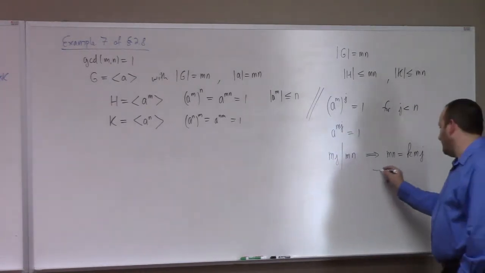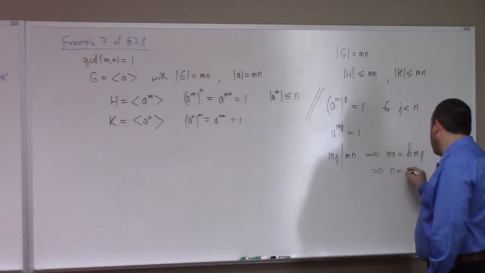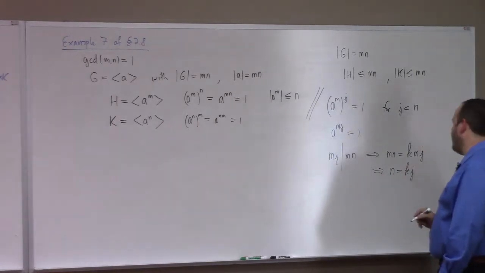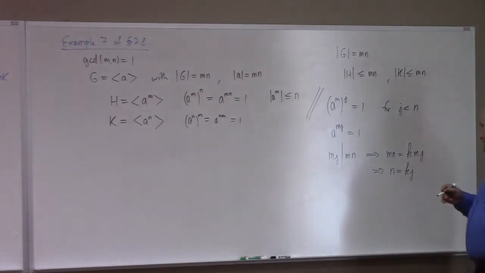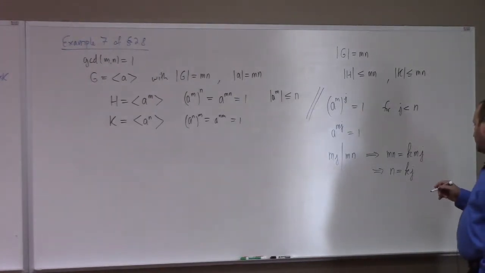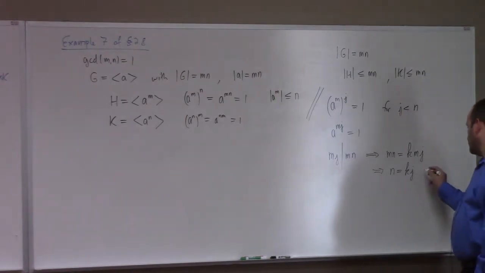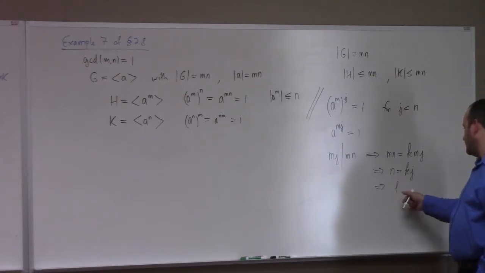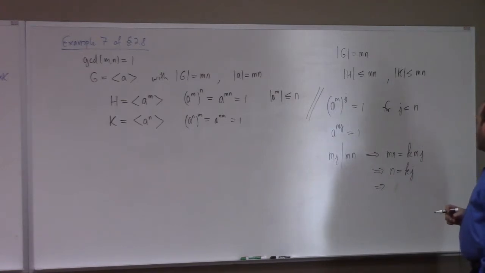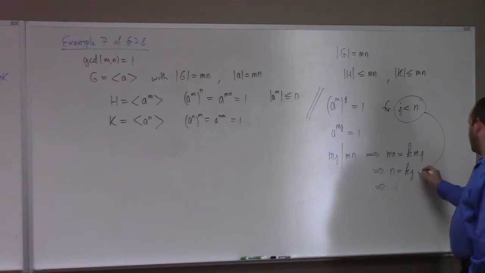Which means j is greater than... but k is an integer because it divides it. So k is greater than or equal to 1. But if it's greater than 1, we have a contradiction, so k equals 1. But n equals kj, so j can't be equal to n. Yeah, it's a contradiction.